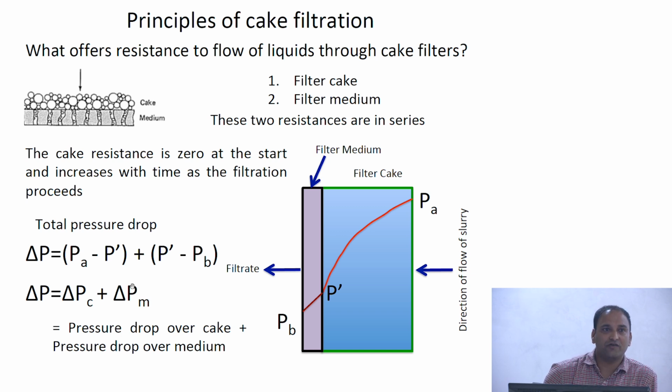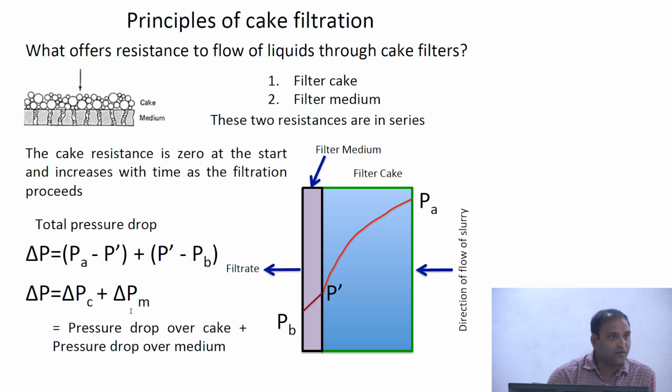The medium that you're using for filtration is again another porous medium. When the liquid flows through it, there's a pressure drop that corresponds to the flow through the medium itself, delta Pm, and delta Pc that corresponds to the pressure drop across the cake. Therefore, the total pressure drop for the filtration process is the pressure drop across the cake plus the pressure drop across the medium.